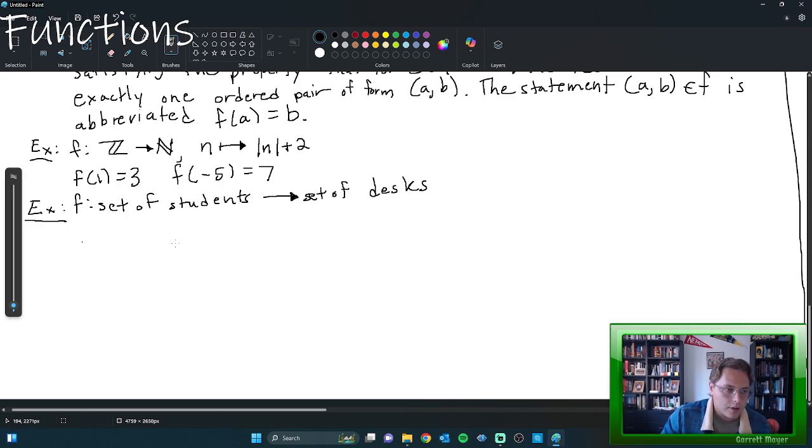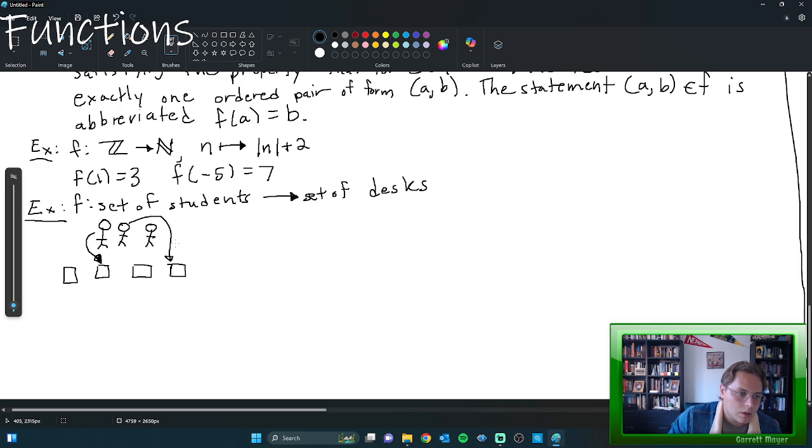Say you have 3 students and then 4 desks. The function could be you input each one of these students and it outputs the desk number they're assigned. So this person might go here, this person might go here, and this person might go here. And there might be one left open, for example.